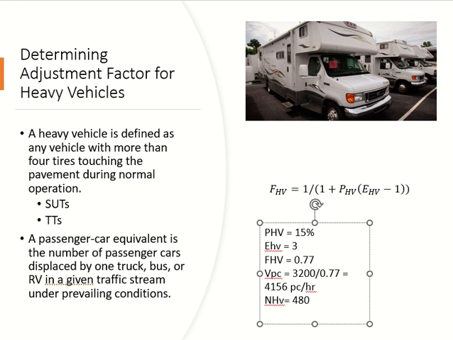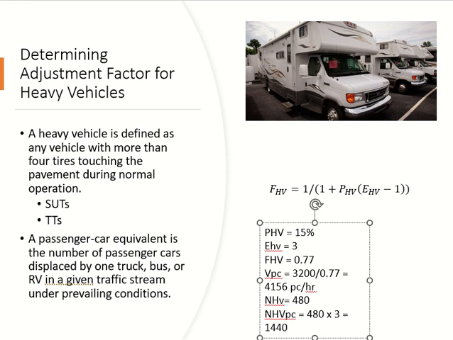So 480, how much? So I had 480 heavy vehicles, I converted them into passenger cars. 480 heavy vehicles equals 1440 passenger cars.